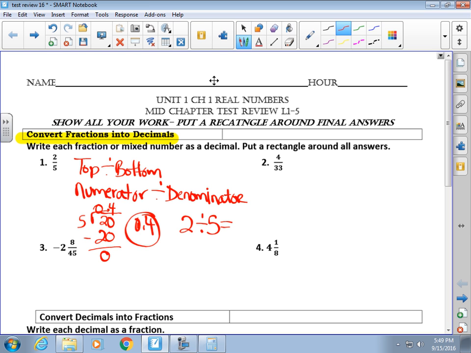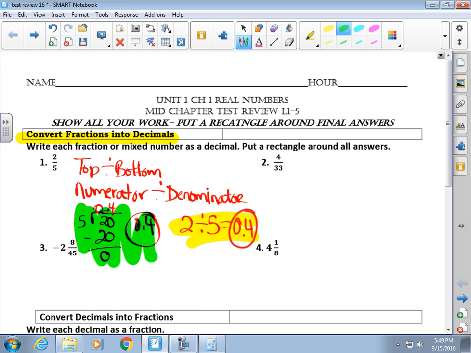And you only need to do it one way. You're either going to use a calculator and do it this way, or you're going to do long division. Not both. Either or. Alright.